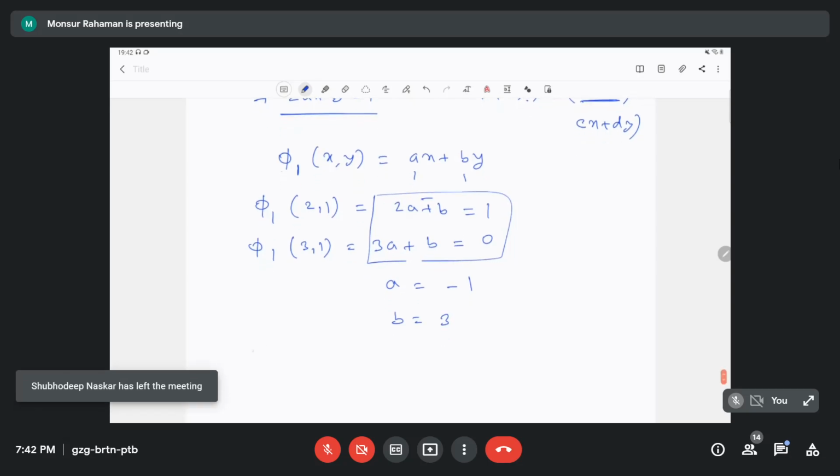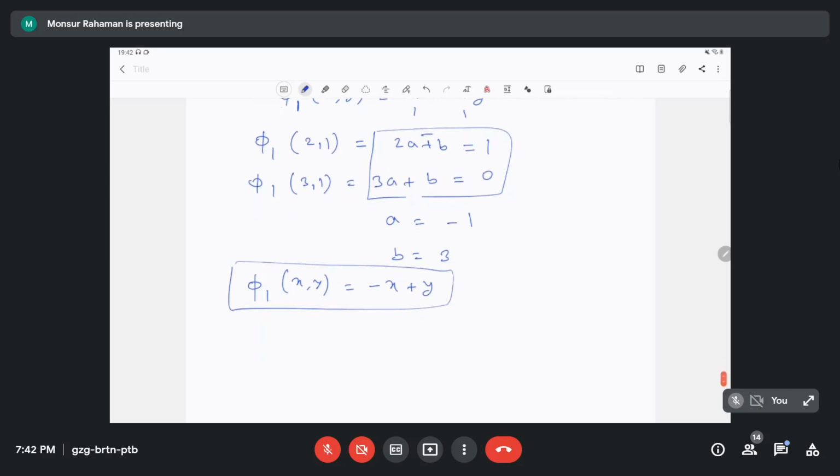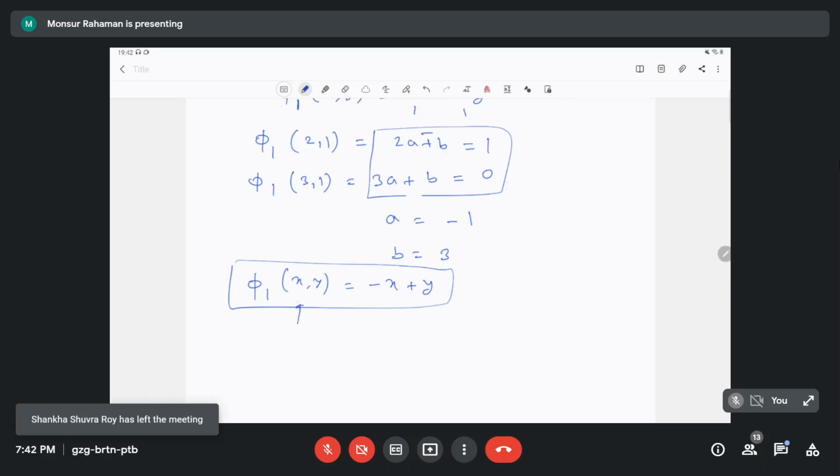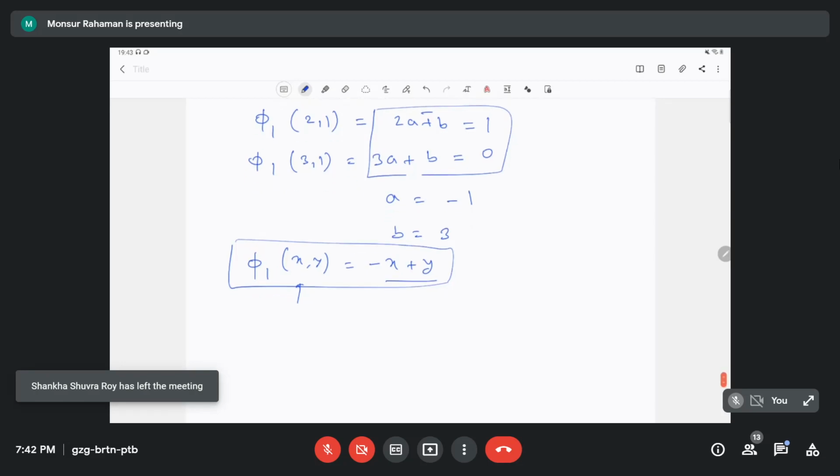Okay, so the function is phi 1 of (x, y) is equal to -x plus 3y. This is the linear functional definition. A function's definition is given this way: you have to send a vector, a point, to an image.